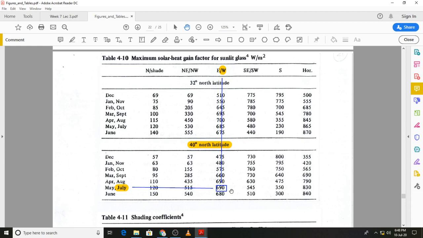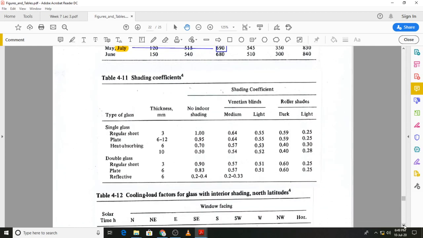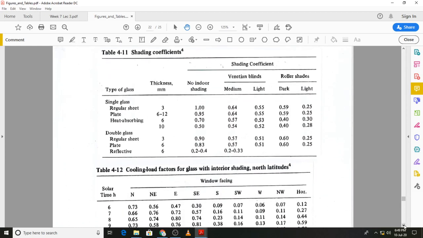The next is the shading coefficient, for which we move to table 4-11. Just to scroll down, that is the next table, shading coefficient, and we are given various options regarding the shading coefficient. We know we have Venetian blinds inside. What type of Venetian blind? We have light Venetian blinds. Then what type of glass we have?